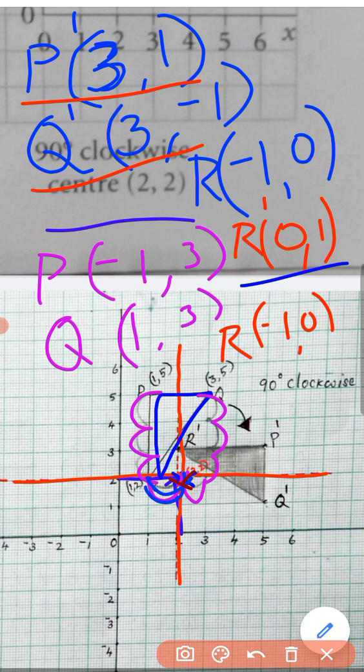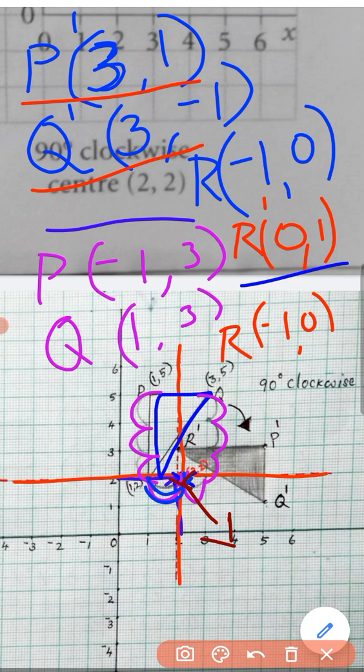Always count from this point. So children, our new coordinates are 3, 1, that is P dash, and then Q dash 3, -1 and R dash 0, 1.